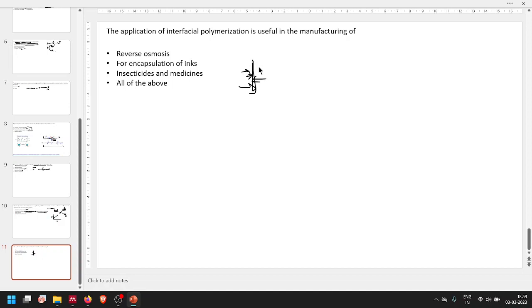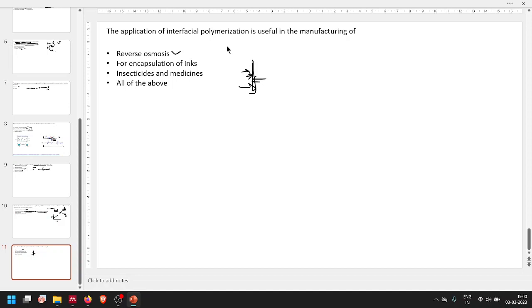Here we are concerned with formation of an interface where the polymeric membrane will be responsible for separating the solute or solvent bodies. And that's why reverse osmosis is a field where interfacial polymerization has high application.